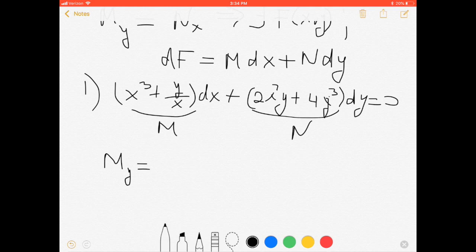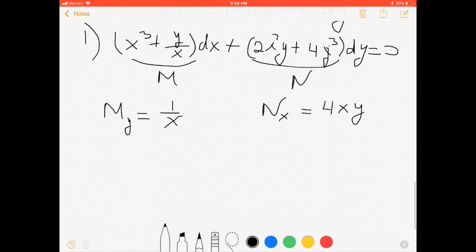Here y is only one part, so this will be 1 over x. Now try to find the derivative of N with respect to x. Here you have 4xy. You see, this is not equal. This means this is not an exact equation.